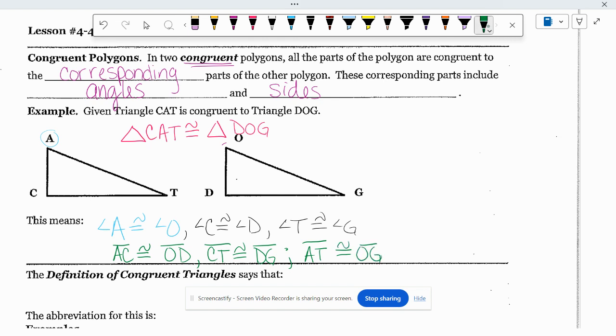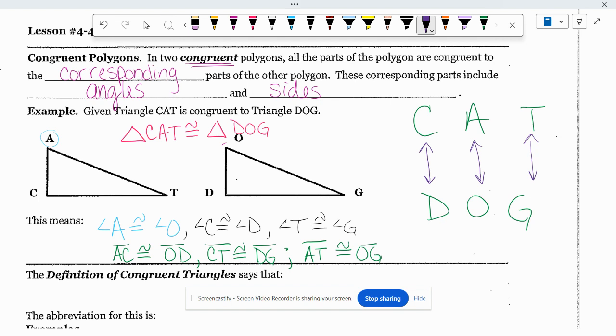Okay, so I'm going to write CAT and I'm going to write DOG because that's exactly how those 2 triangles were named, right? Notice that the first letter is corresponding to the first letter that represents the angles. C corresponds to D. Angle A corresponds to angle O. Angle T corresponds to angle G. Does that make sense?